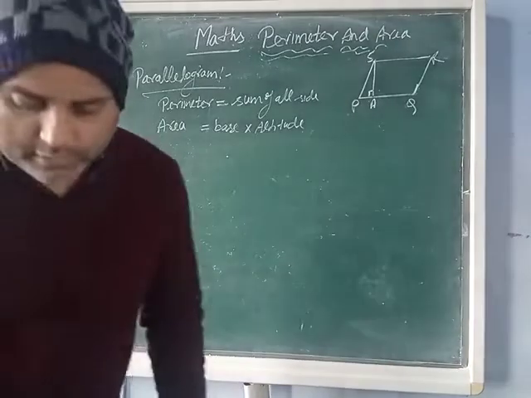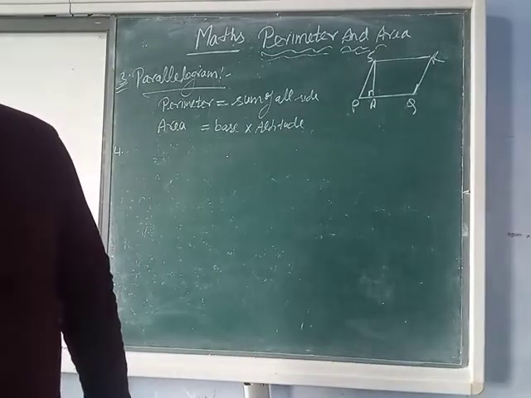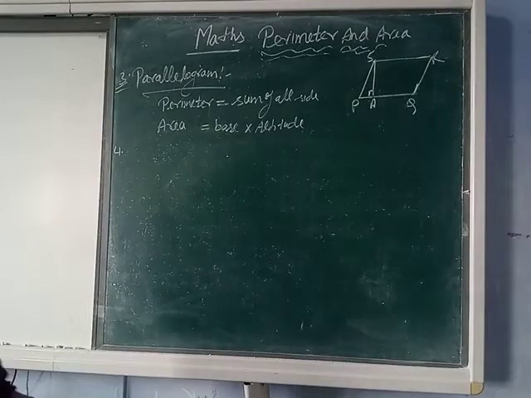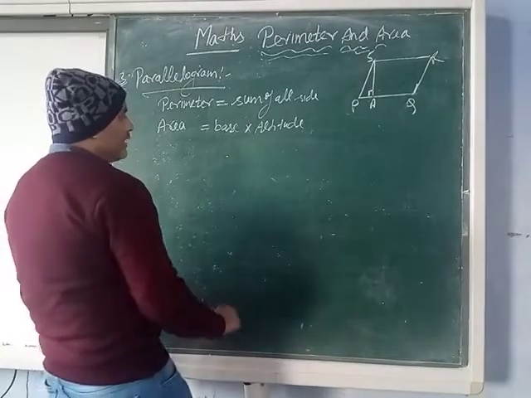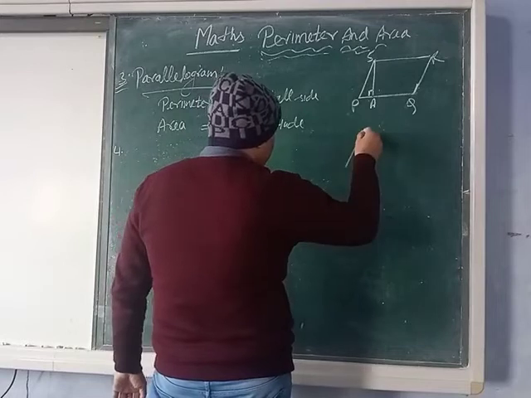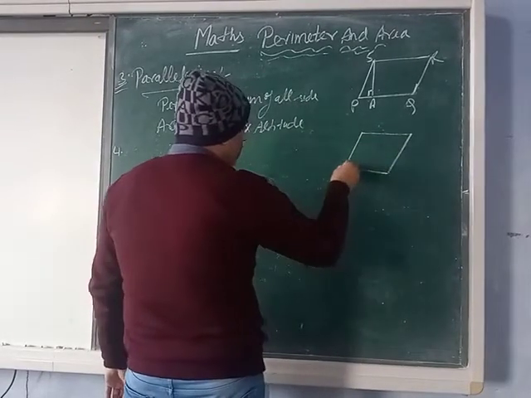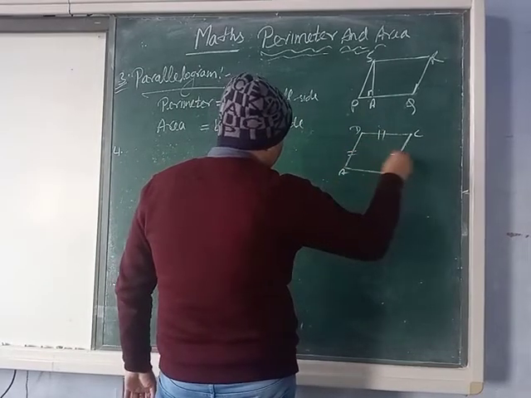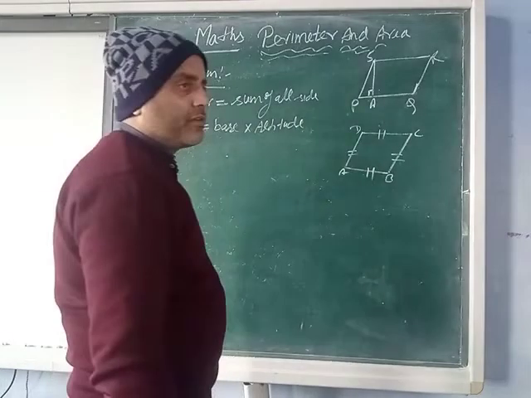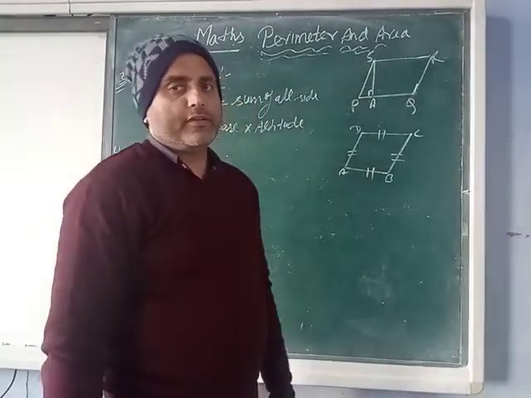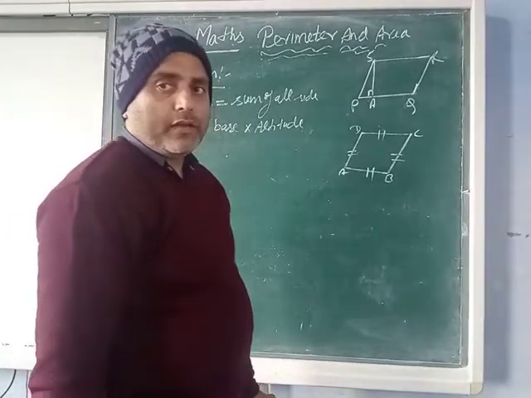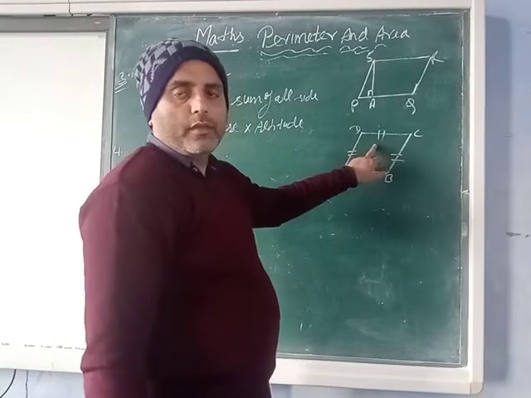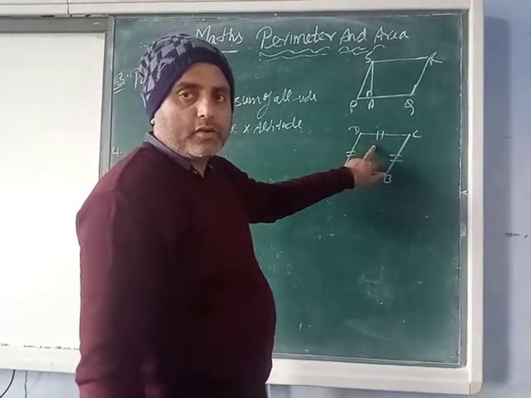Okay, or base multiplied by height, same for rhombus. You will find out the area of a rhombus. So rhombus is the same, okay, in which all sides are equal. If anyone asks you what is the difference between square and rhombus, then in a square all angles are 90 degrees and all sides are equal, and in a rhombus all angles are not 90 degrees but all sides are equal.